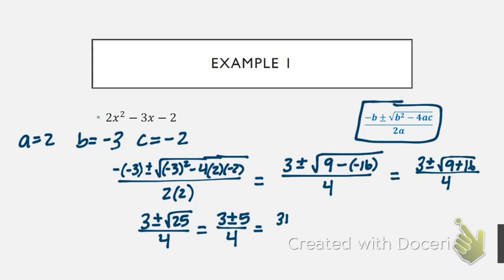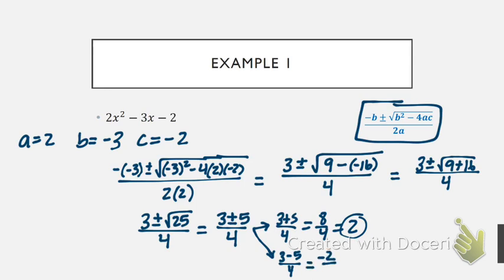So I have 3 plus 5 over 4, and 3 minus 5 over 4. Oops, and negative 1/2, so that says it in there.